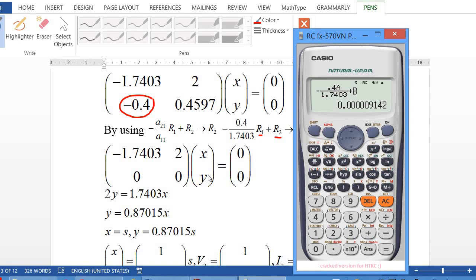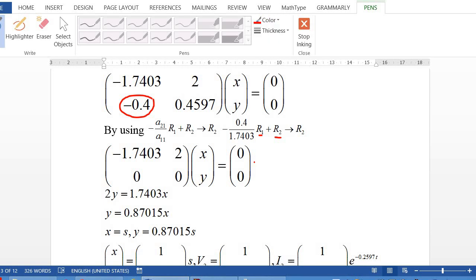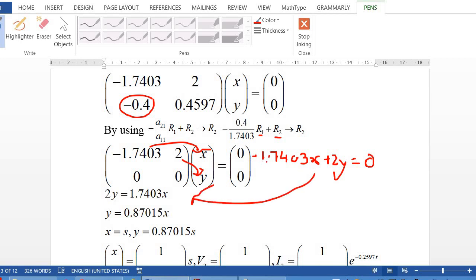Again two unknowns, but we reduce to only one equation. It means we have infinitely many solutions in terms of parameter s. Again we can let x equal to s here. Then from equation 1, you have negative 1.7403 times x, plus 2y equal to 0. Or 2y equal to 1.7403x.